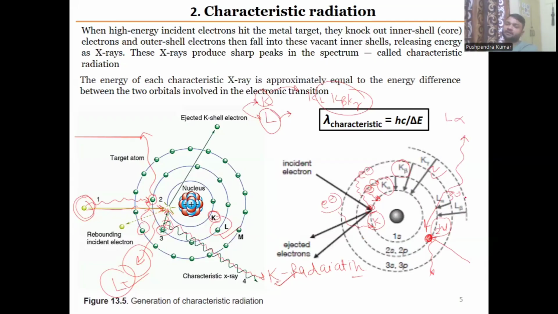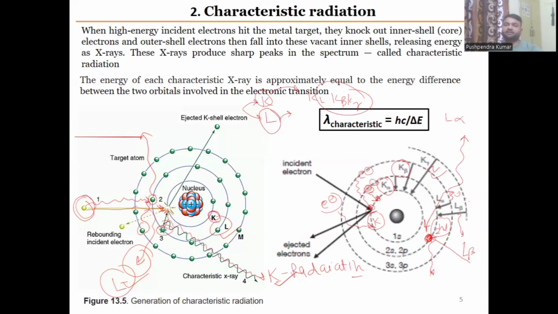And if the electron goes into the vacancy from the fourth energy level to the second energy level, then this will be known as L beta radiation. So these are the different types of radiations generated from transitions of higher energy levels to lower energy levels.